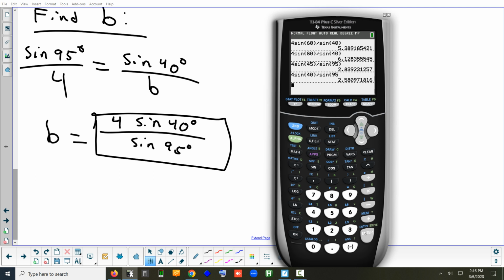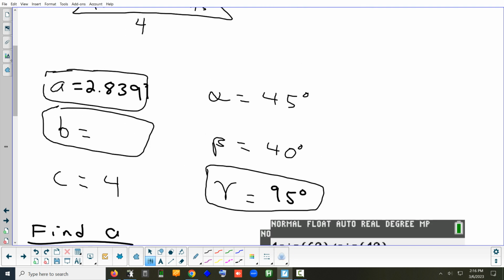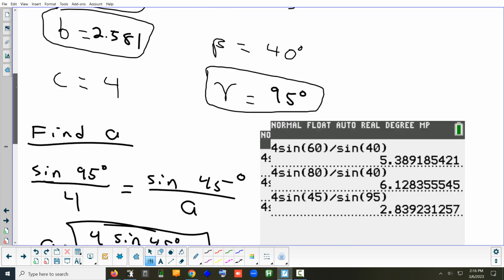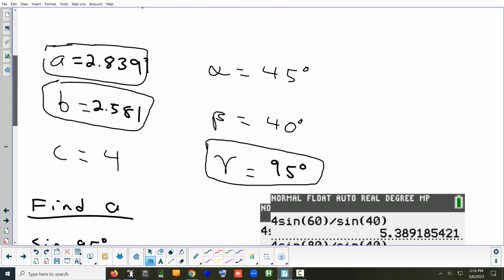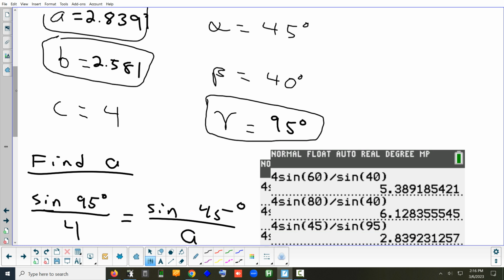It's about 2.6, but we're gonna round it a little bit more than that. 2.581. All right, so solving angle side angle, very similar to angle angle side, but it's even more important you get that first angle right. You get that wrong, it's all wrong.